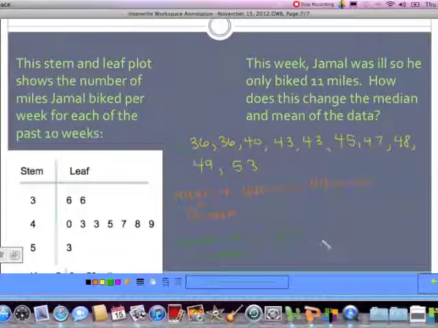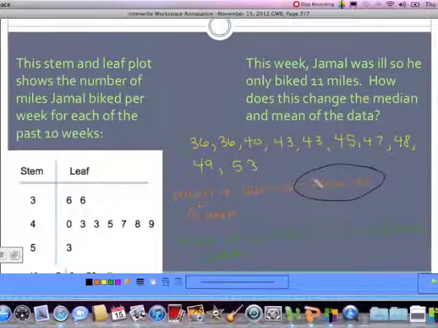But this time I'm going to divide by 11 because there are 11 numbers now in my data set. And 451 divided by 11 equals 41 miles. So for the 10 weeks he biked an average of 44 miles, and the mean of the 11 weeks was 41 miles.